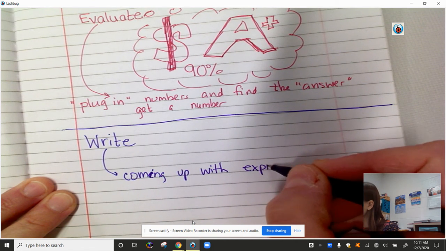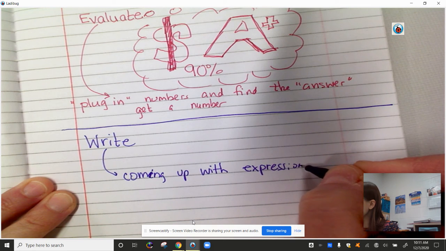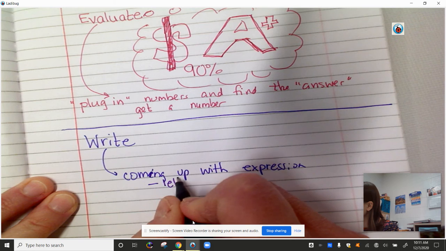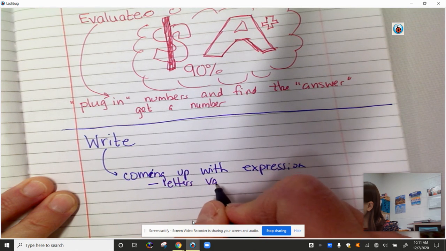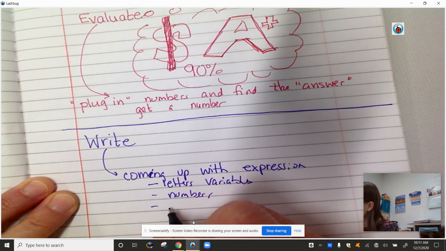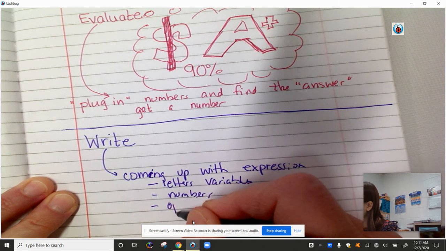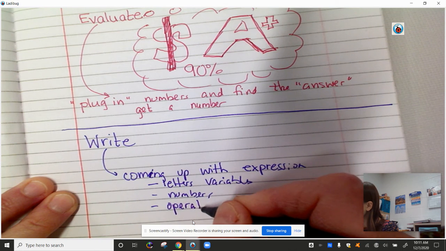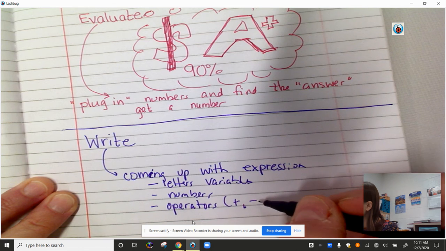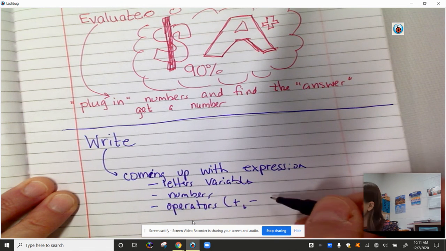And when you're finished, your answer will have letters, which are called variables. It'll have numbers, and it will have operators, like add, subtract. Okay. So it'll have those in it.